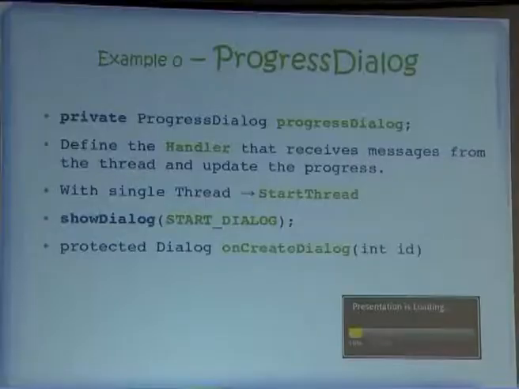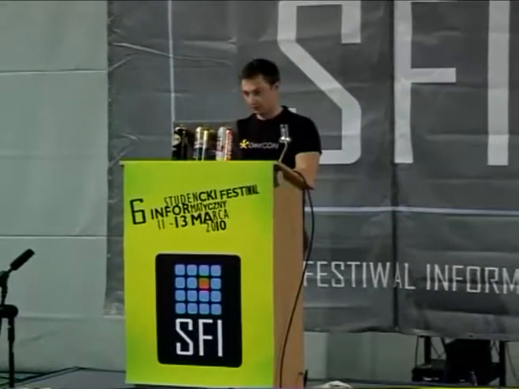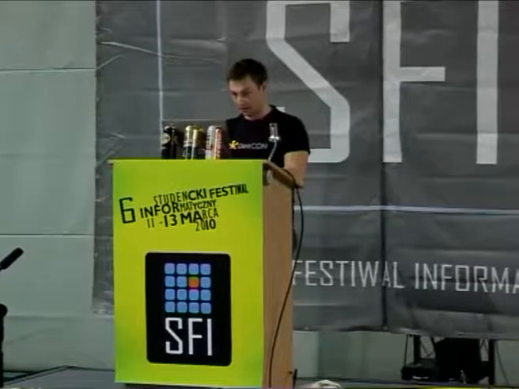The handler is only lying there, and it handles the messages and does something with them. In the case of the progress dialog, it just increases the value over time to reach 100% and informs the progress dialog of which position it is at in the process status. It's done by a thread, and I will show you in the source code because it may be easier to explain how it is working.